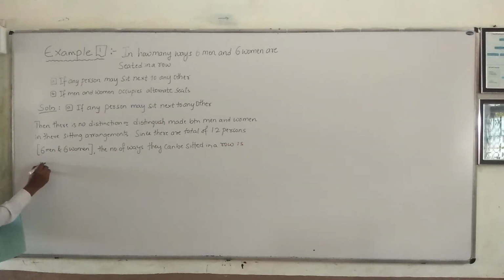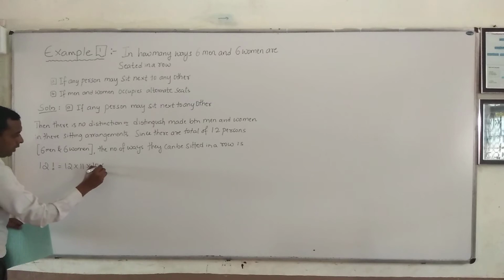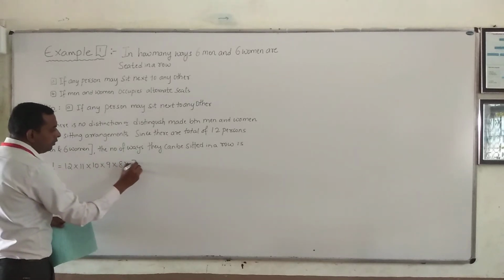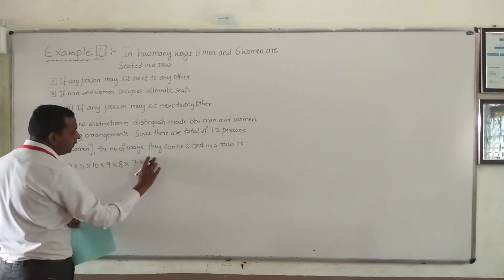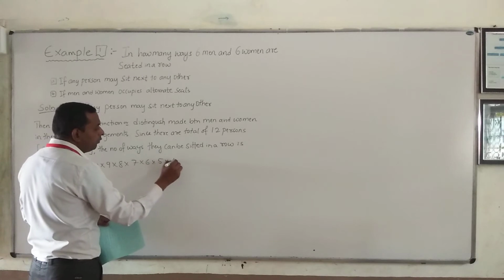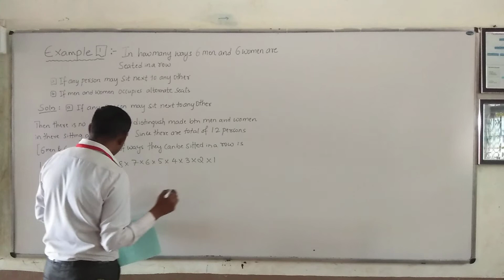That is 12 factorial, that is 12 into 11 into 10 into 9 into 8 into 7 into 6 into 5 into 4 into 3 into 2 into 1.